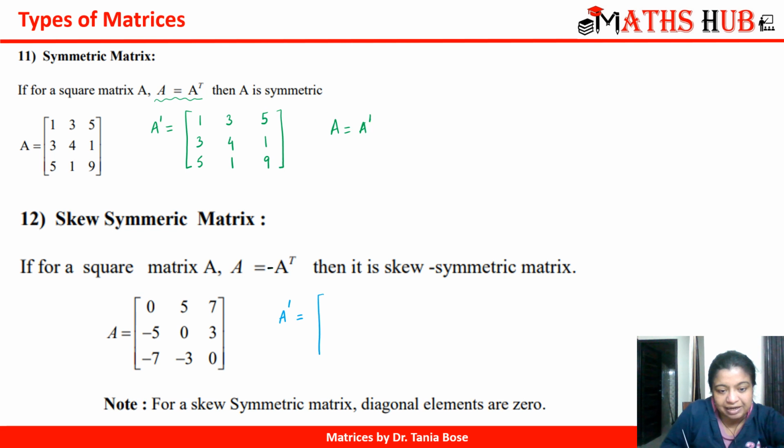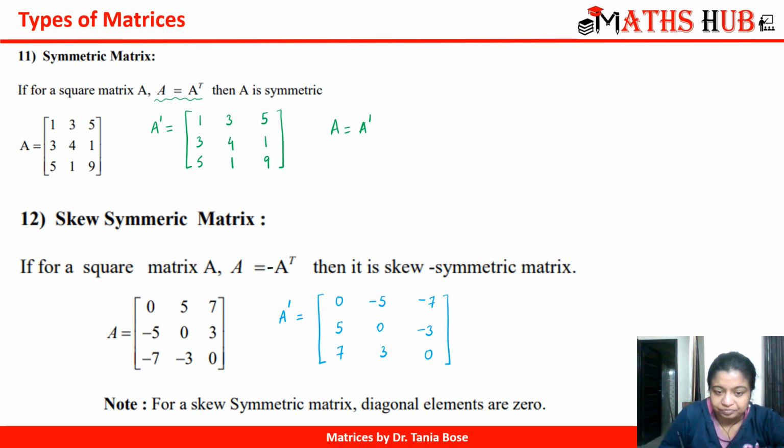So let us calculate A transpose. The first row 0, 5, 7 will become the first column. The second row minus 5, 0, 3 will become the second column. And the third row, that is minus 7, minus 3 and 0, will become the third column.